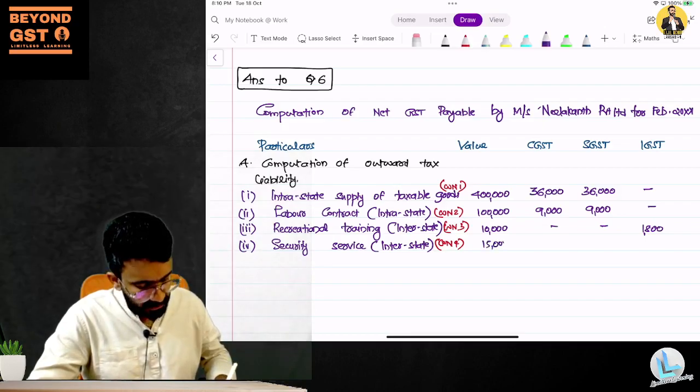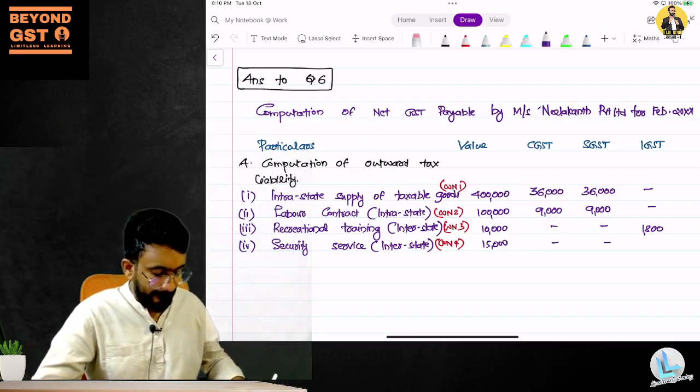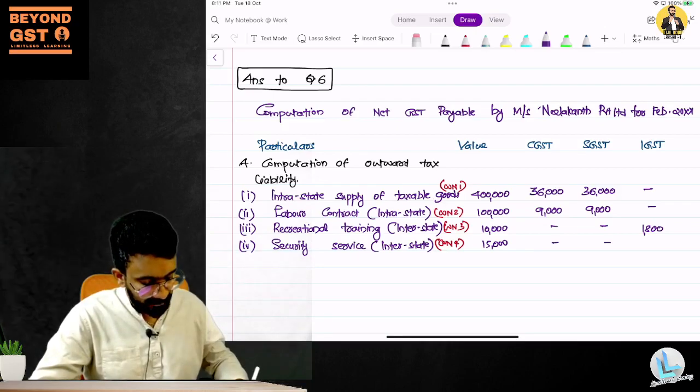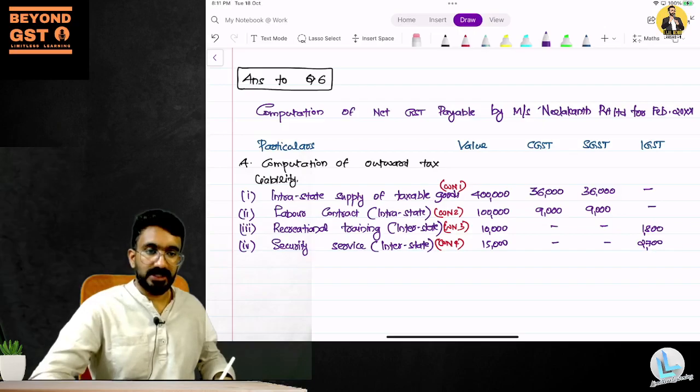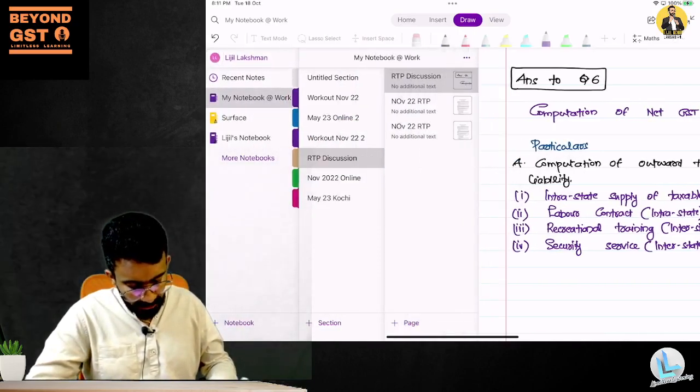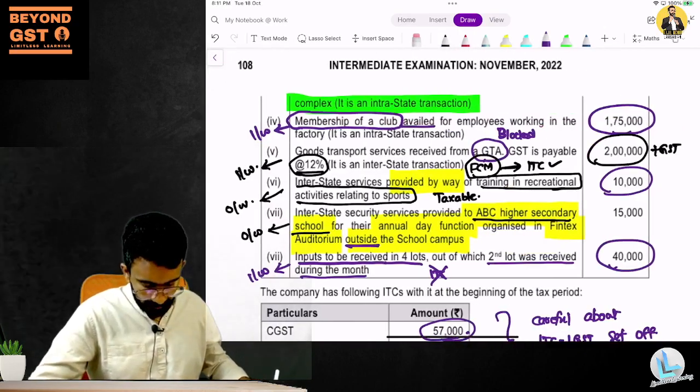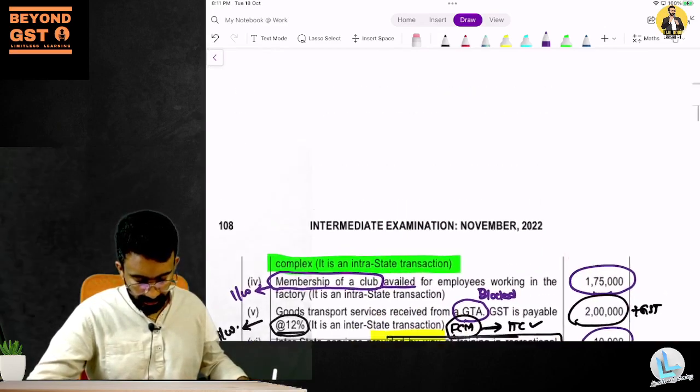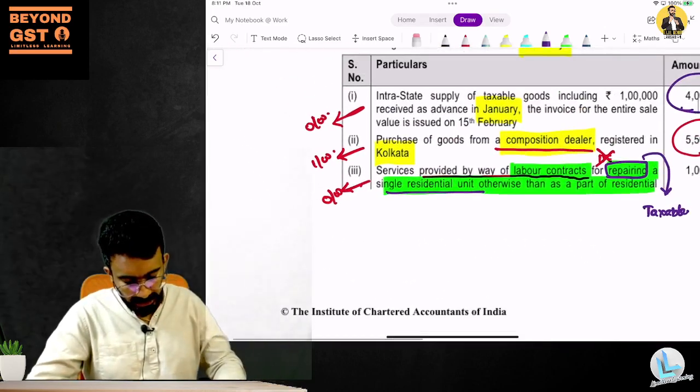How much will be 18% of 15,000? 2,700. Is there any other outward supply we have? No. Balance all others are inward supply. So we have already covered the 4 outward supplies that we had.